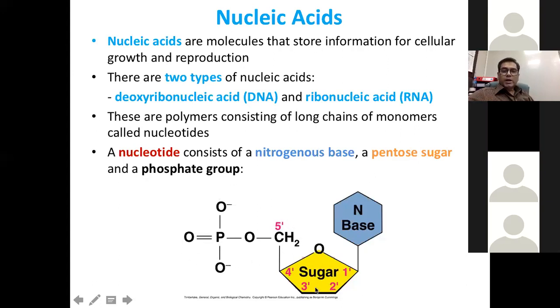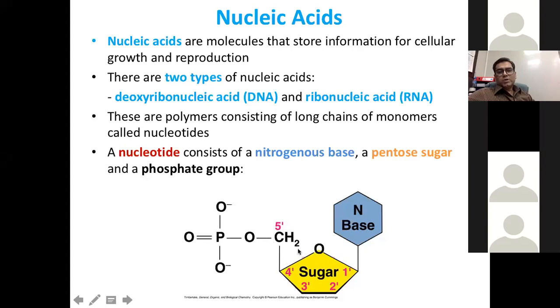So when a pentose sugar and a nitrogenous base are connected with a phosphate group, it becomes a nucleotide. When phosphate is there, it is a nucleotide. And when it is devoid of this phosphate, when there is no phosphate group attached, we call it a nucleoside. So this is the difference between the nucleoside and the nucleotide.